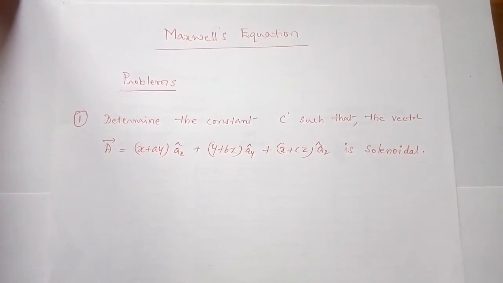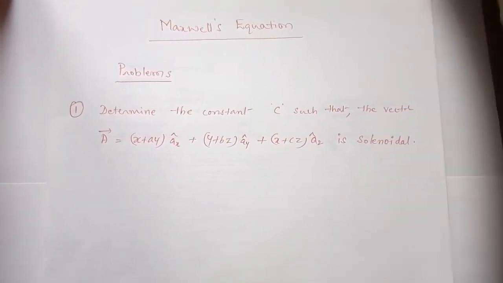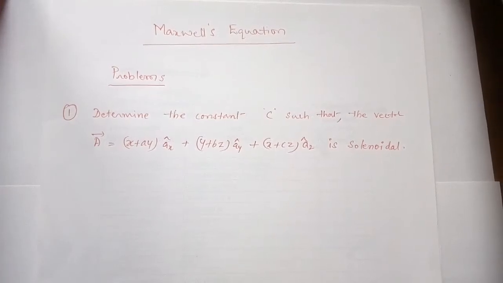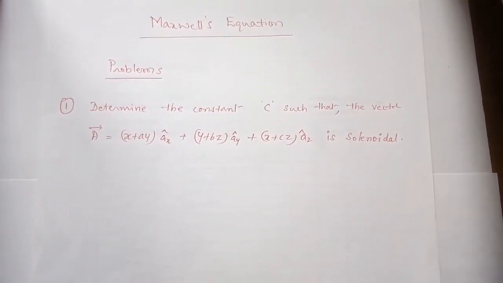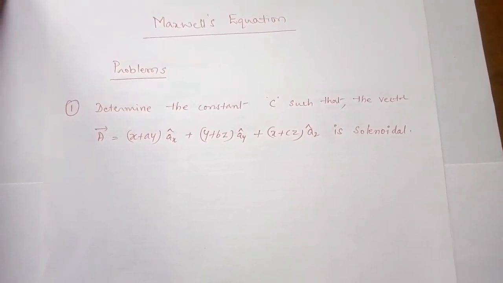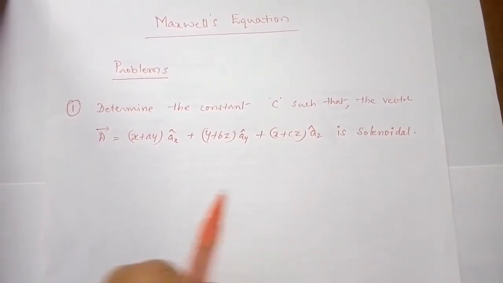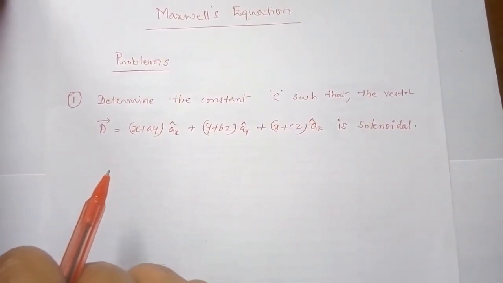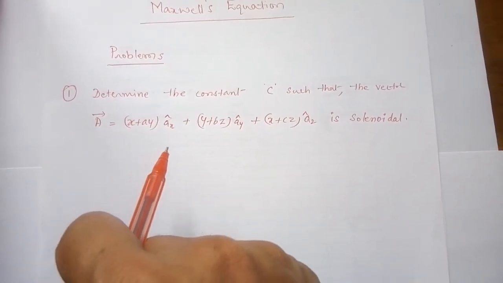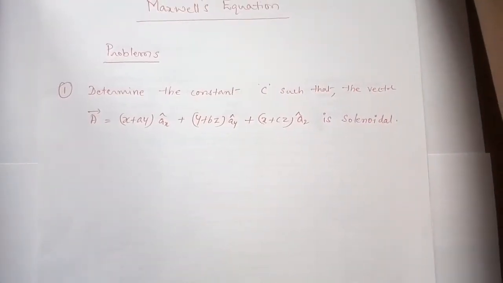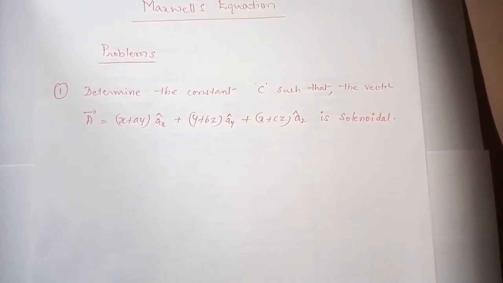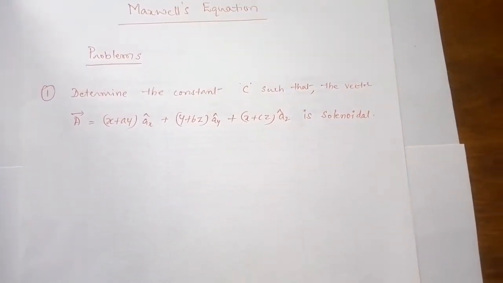If you recall what we discussed during our regular class, in a solenoidal field, the magnetic field vector diverges on one side and converges on the other side. So the divergence of the vector is 0, del dot A = 0. Let us see how exactly to solve this.